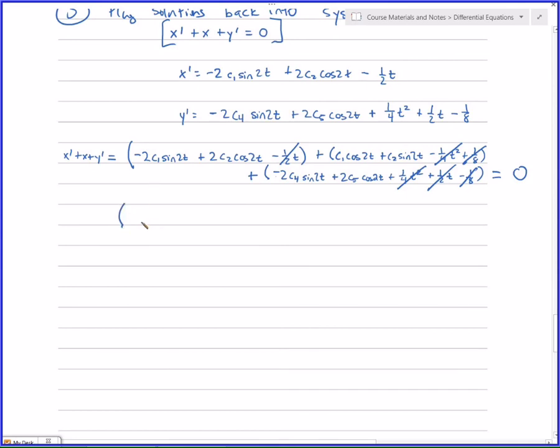So, in front of my sine of 2t, I have a minus 2c1 plus c2 minus 2c4. And in front of my cosines, I have a 2c2 plus c1 plus 2c5.